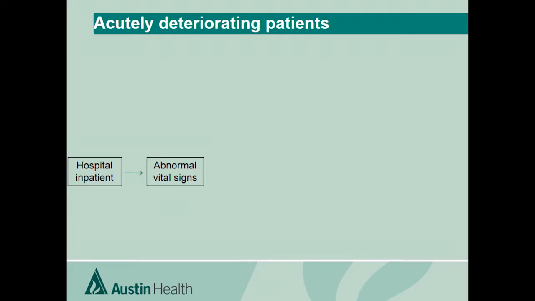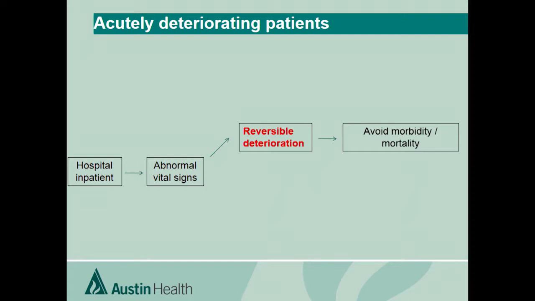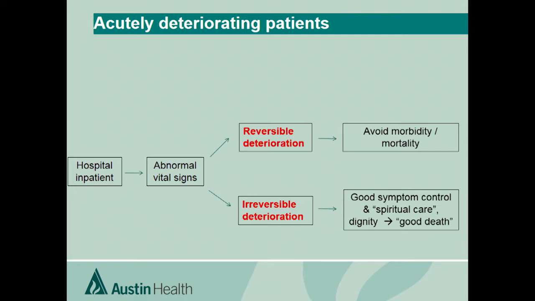They have a patient who's unwell, who develops abnormal vital signs or other signs of deterioration, and it's difficult to know whether the deterioration is reversible, in which case the aim is to avoid morbidity and mortality, or it's irreversible, in which case the aim is to provide good symptom control and spiritual care in the broader sense of the word, and ensure dignity is maintained and the patient has a good death.